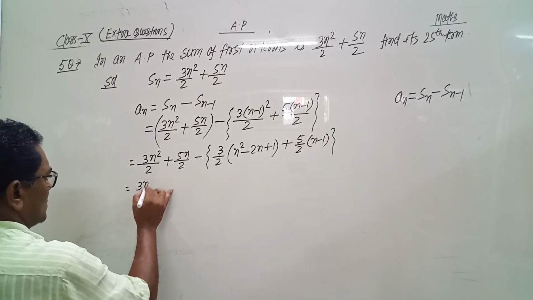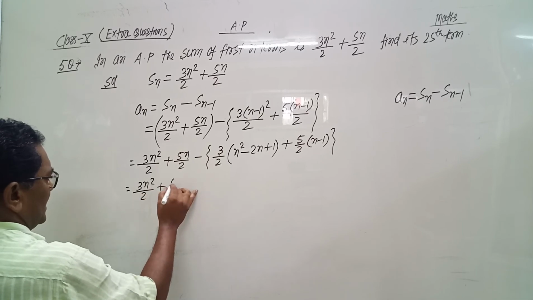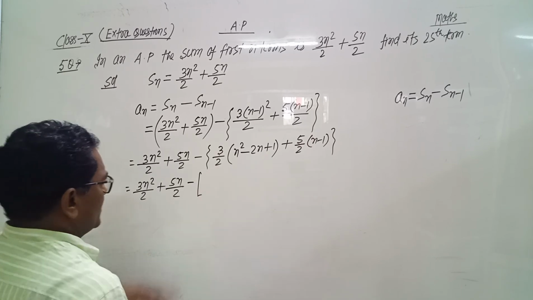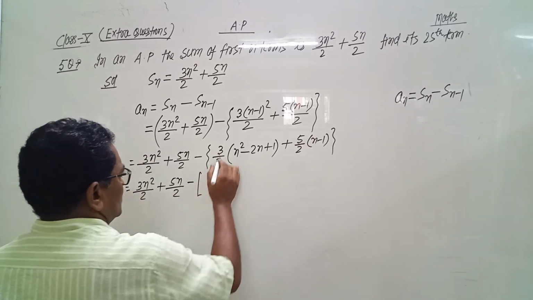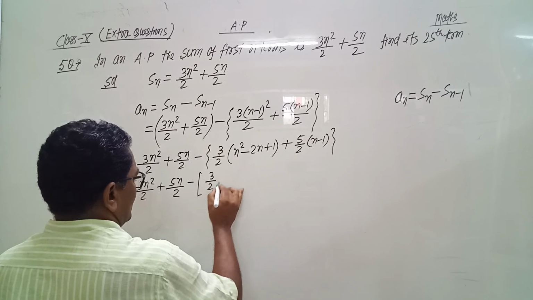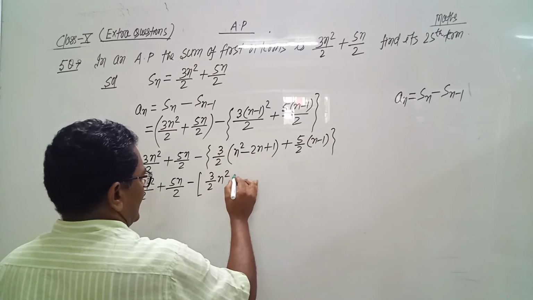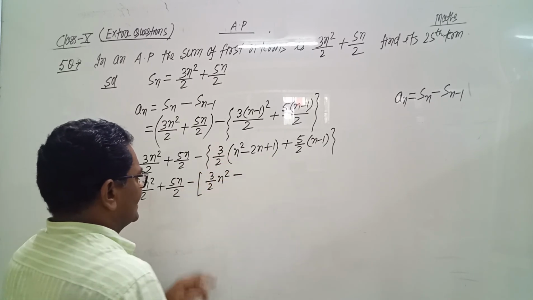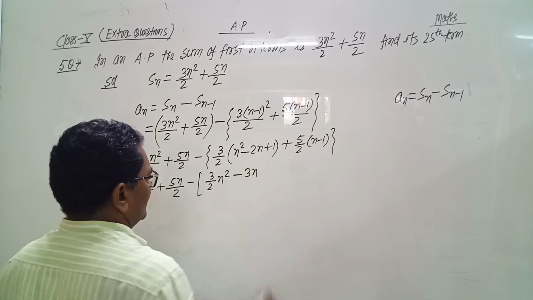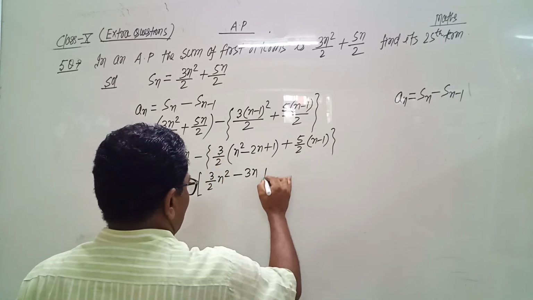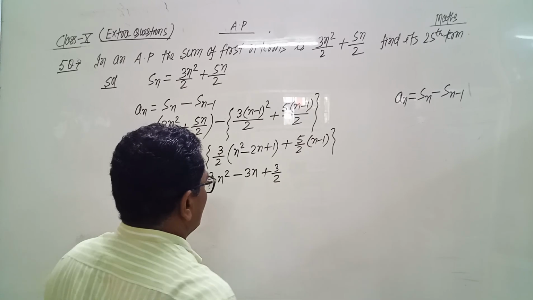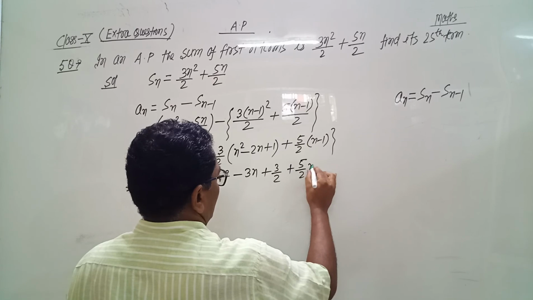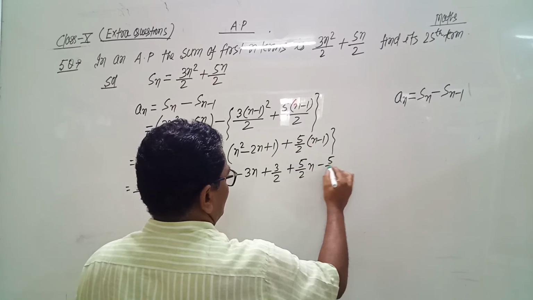So 3n square by 2 plus 5n by 2 minus, we remove this bracket first. So 3 by 2 multiplied by n square, 3 by 2 n square, plus minus minus, 3 by 2 multiplied by 2n, 2 and 2 get cancelled and we get 3n, plus 3 by 2 multiplied by 1, it gives 3 by 2, plus 5 by 2 n and plus minus minus 5 by 2.